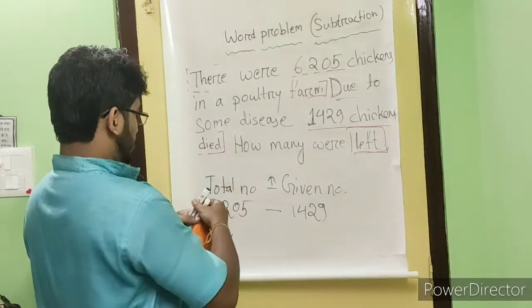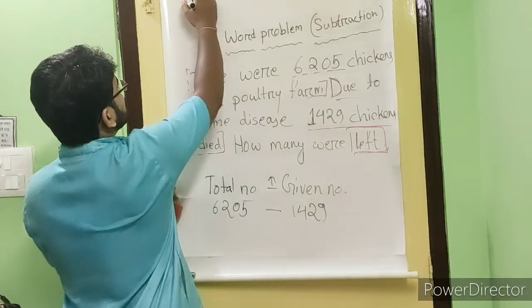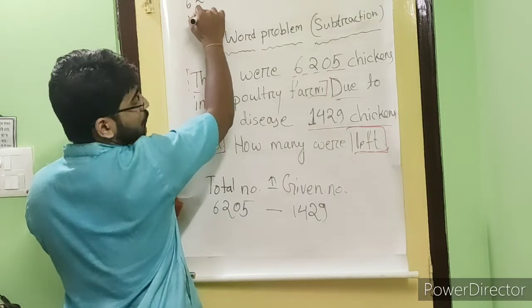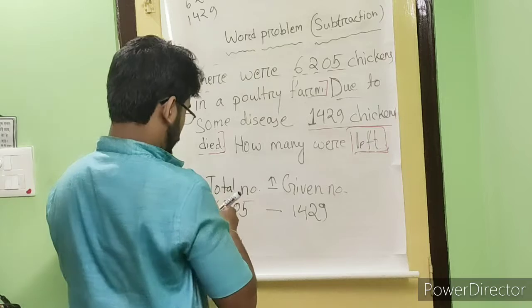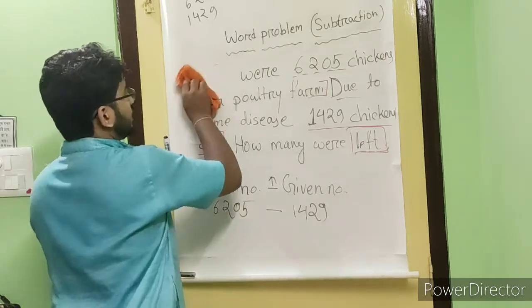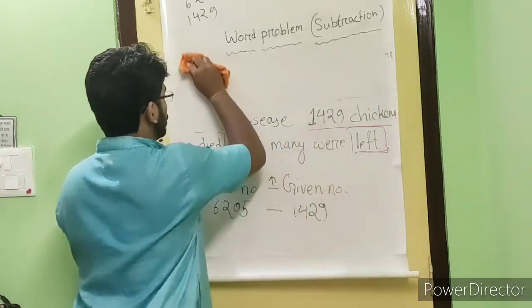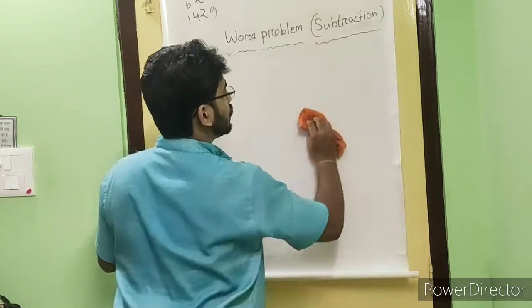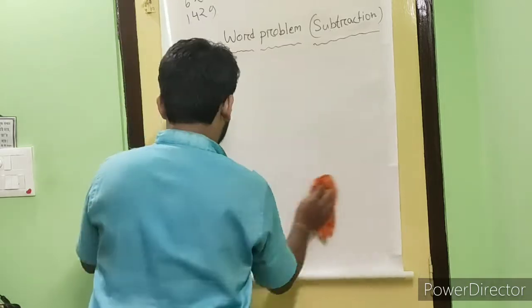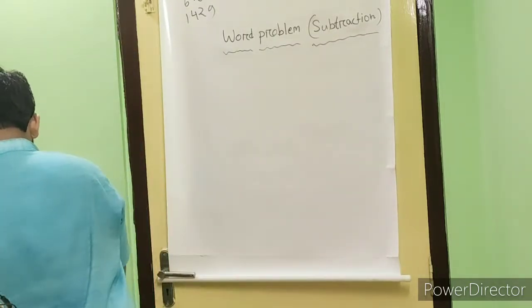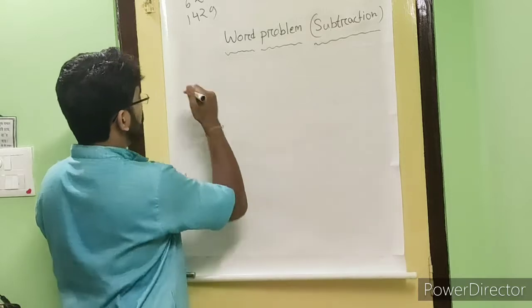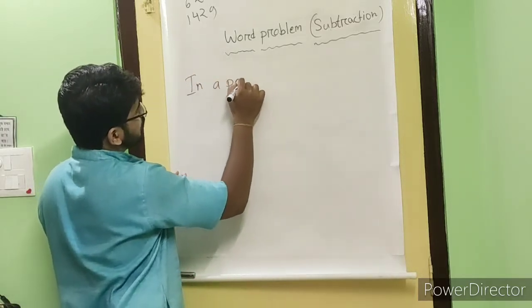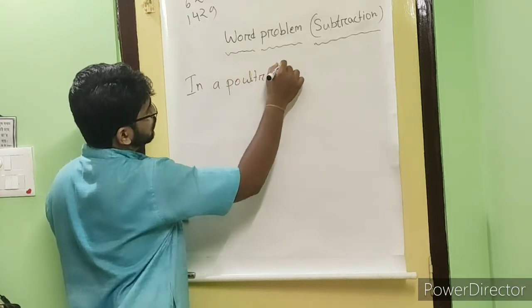Okay, so I am writing 6205 and 1429, that much only. Okay, in a poultry farm.